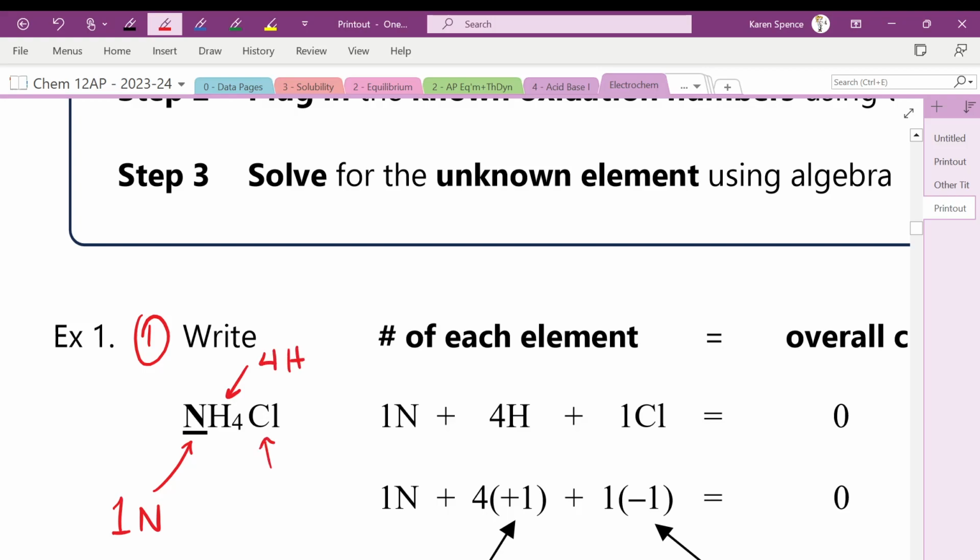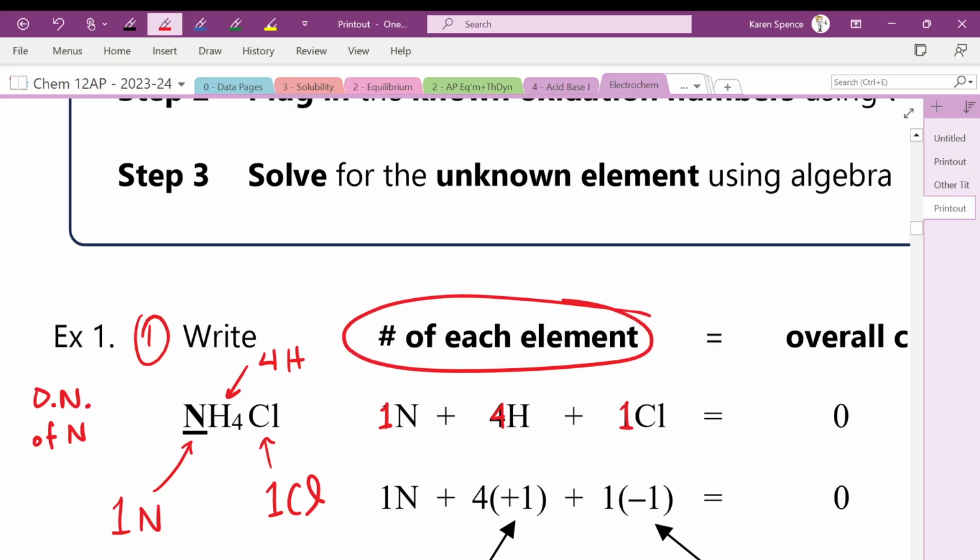How many chlorine? 1 chlorine. And we are trying to determine the oxidation number of nitrogen, which means we should know the oxidation number of hydrogen and of chlorine, okay? So we write down 1 nitrogen, 4 hydrogen, 1 chlorine.